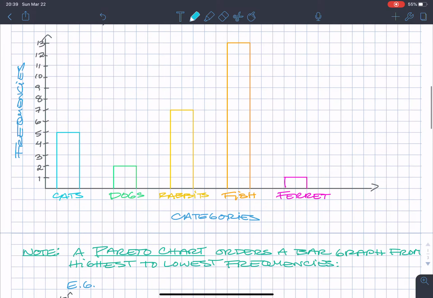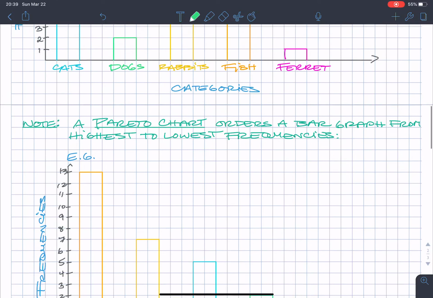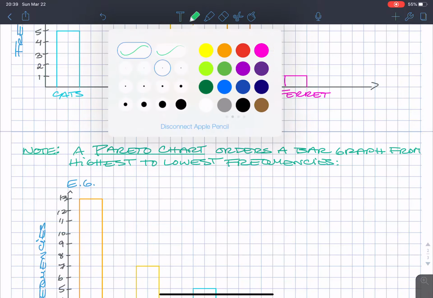Then dogs at 2. And finally, a single ferret.